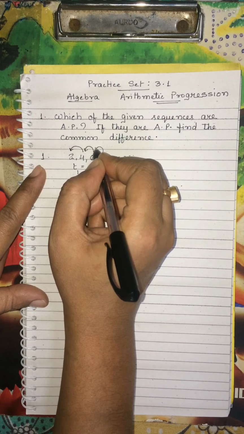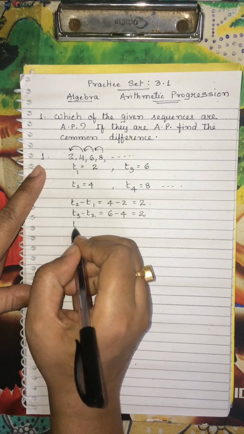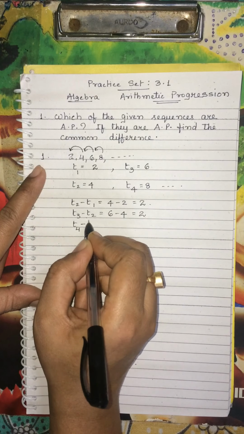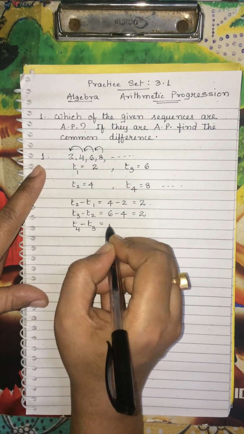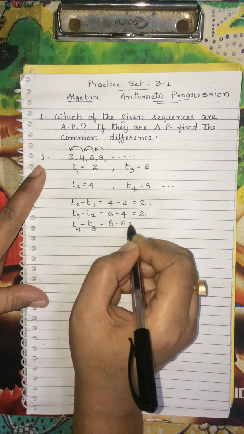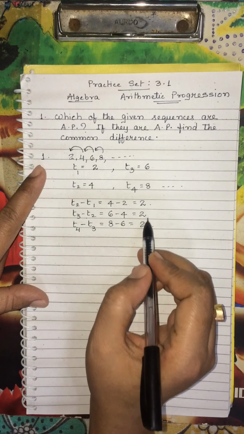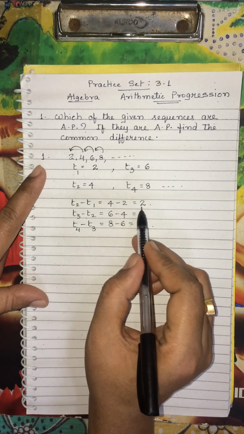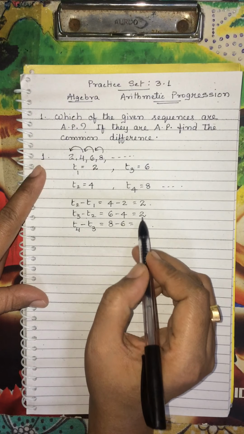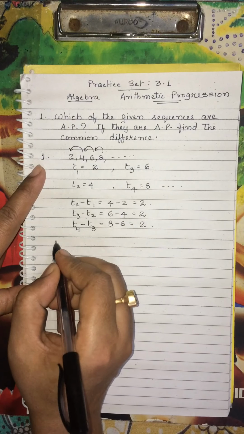Similarly, fourth to the third, T4 minus T3 is equal to 8 minus 6, that is equal to 2. Here children, if you can see the difference everywhere, you are getting it as a common number 2.